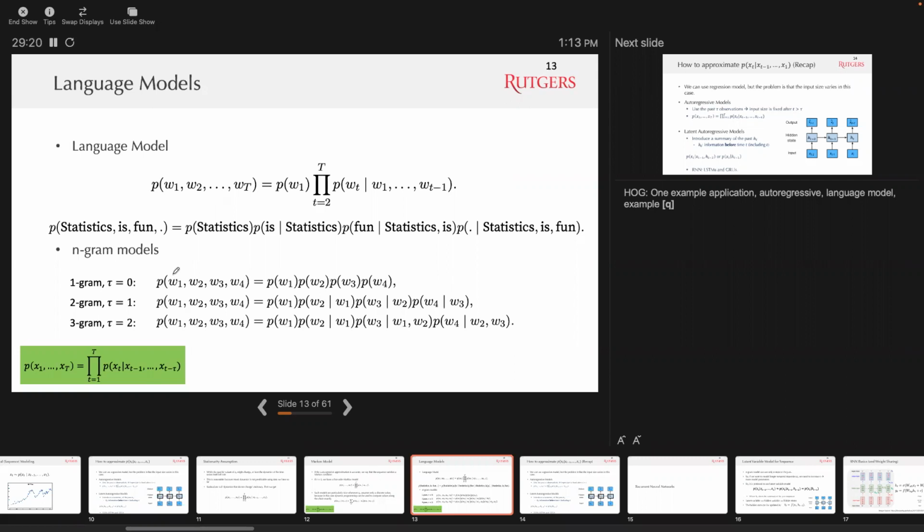So you can use this kind of autoregressive way to model the joint likelihood of a sentence. For example, this sentence: statistics is fun, period. We have 4 tokens here.